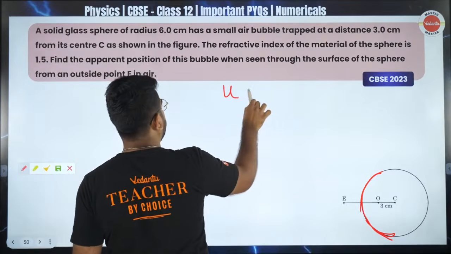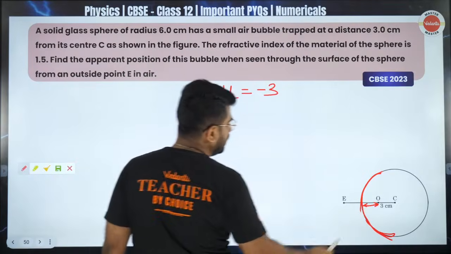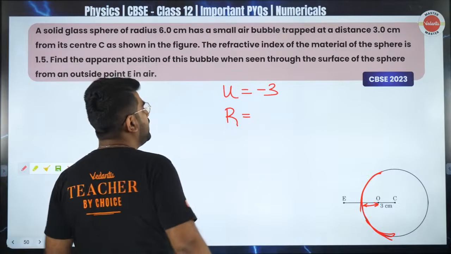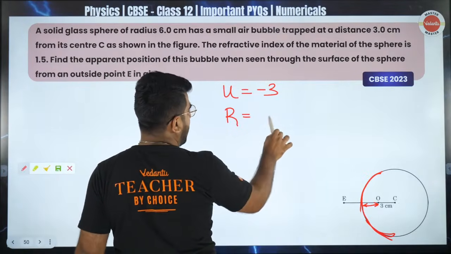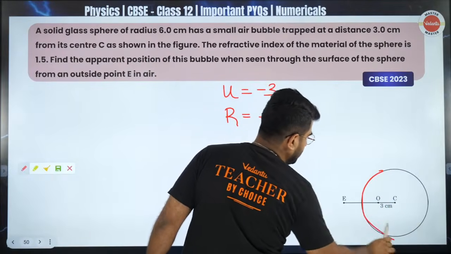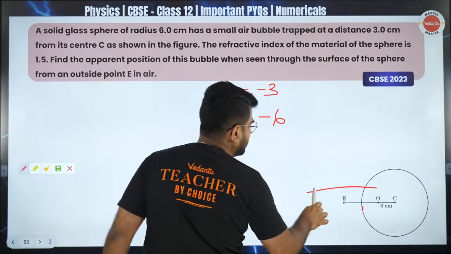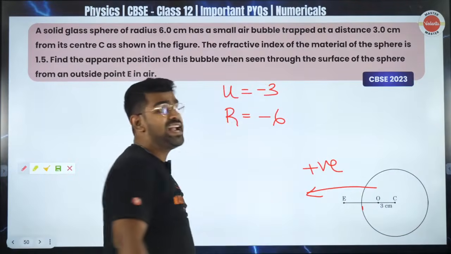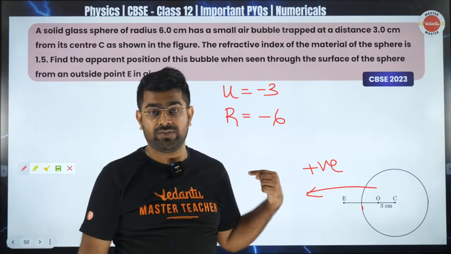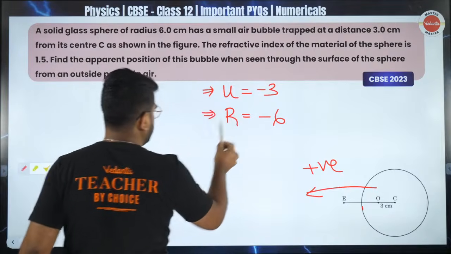The object distance is -3, and your radius of curvature is -6. Light is traveling from inside to outside, so the light direction is positive. Understood? So u is -3, R is -6.